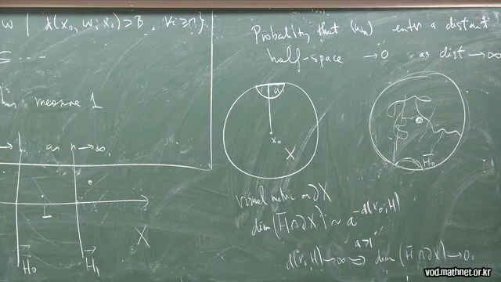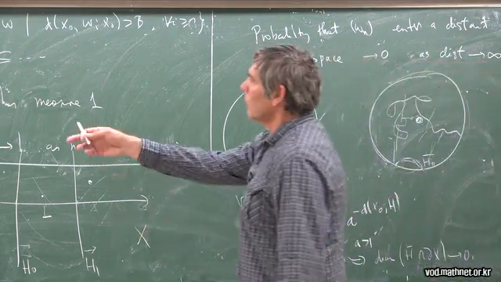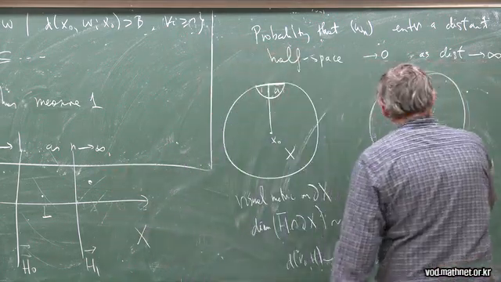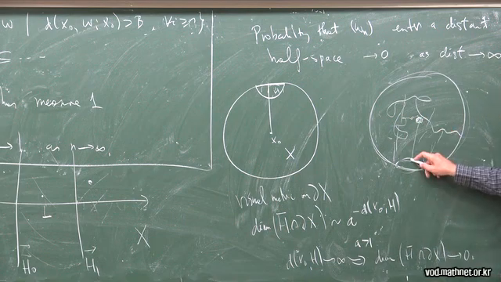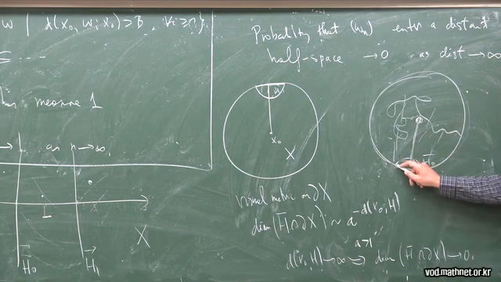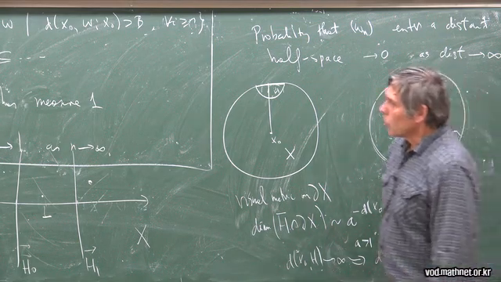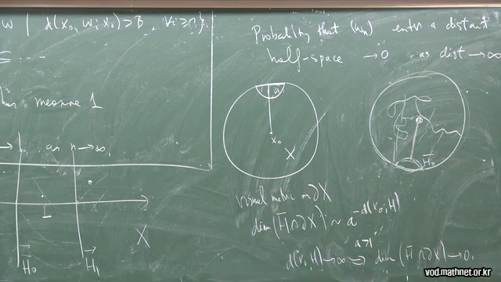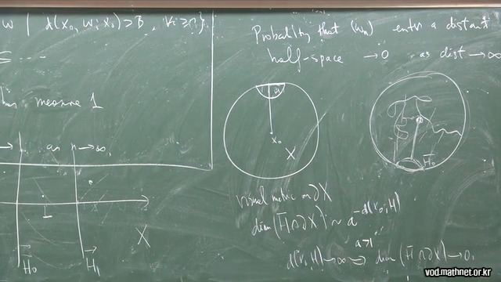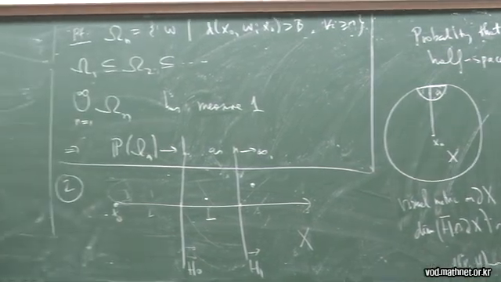Well, that's the lemma. What I'm missing here is some very small set, assuming this distance is large. If the distance is large, the diameter of this set is small, and so its measure is small. So that means that the proportion of paths that converge to a point in h0 bar is greater than 1 minus epsilon by the lemma.